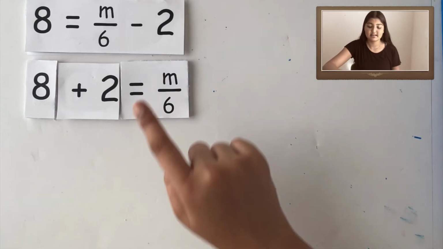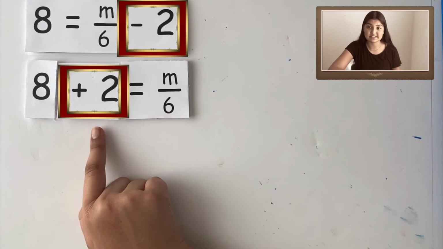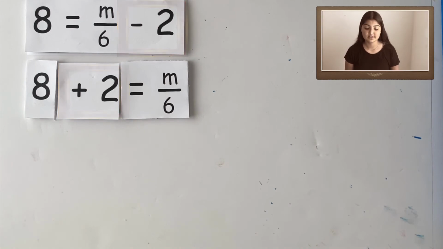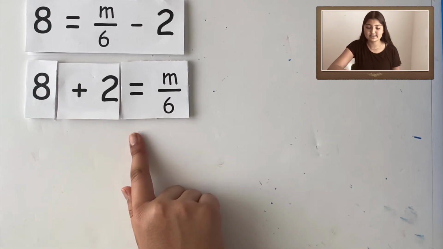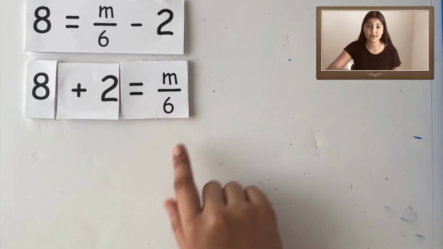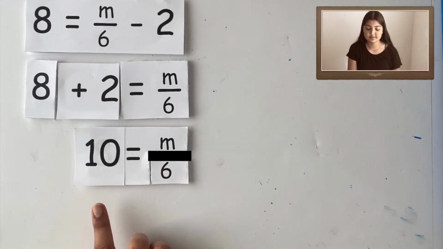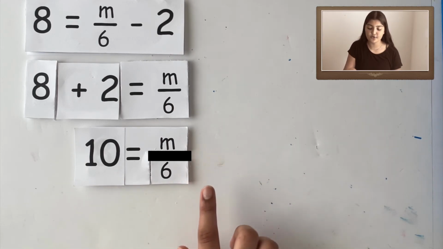Notice how negative 2 became positive 2 when we moved it to the other side of the equation. So 8 plus 2 is equal to m over 6, or 10 is equal to m over 6.